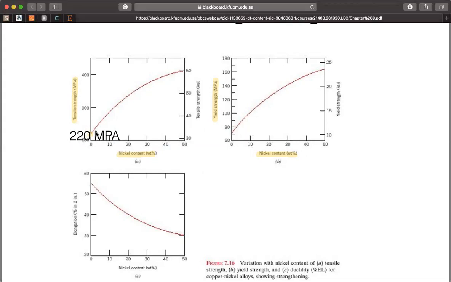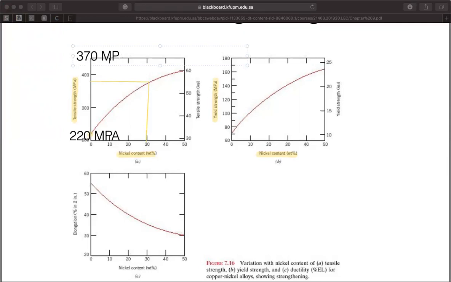So this is the value for 0% nickel. Now, what's going to happen if you make a material that is composed of 30% nickel? So you're going to take 30% nickel, 70% copper. You can see that you can increase the tensile strength of the material.